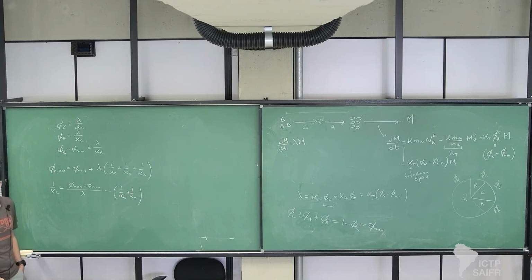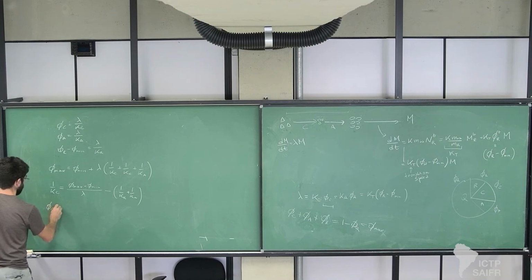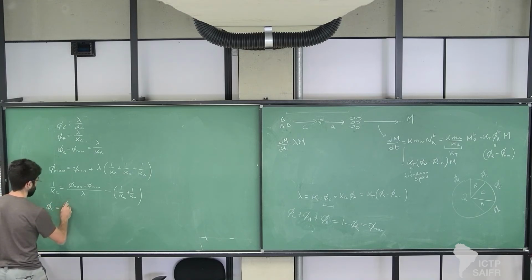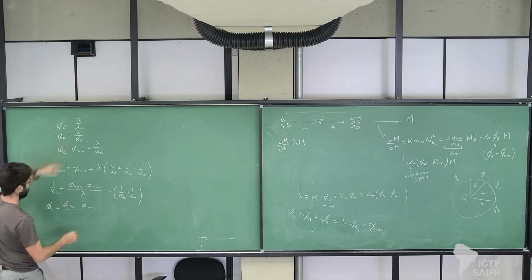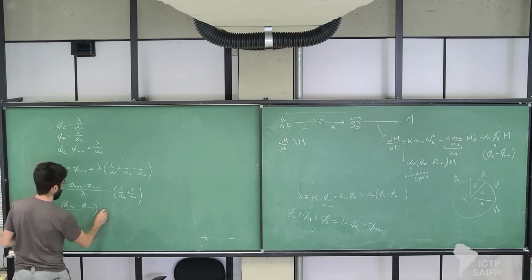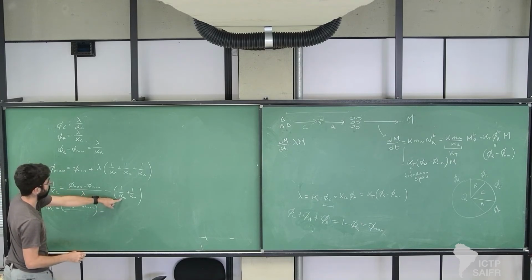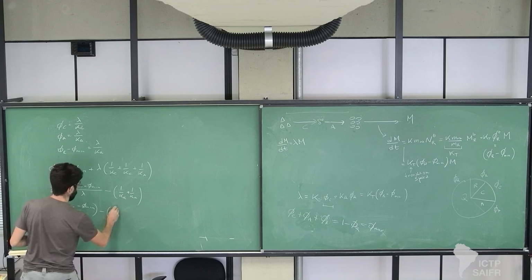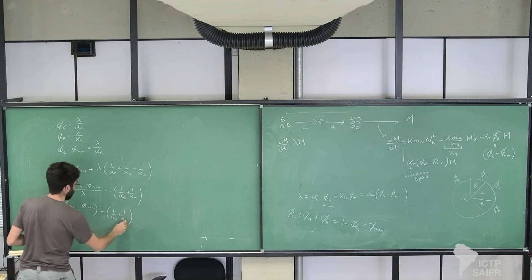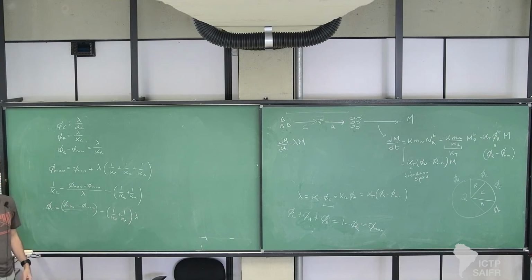And then I can substitute this 1 over Kc over there. So for instance, I get that phi C is equal to phi max minus phi min over lambda times lambda, so it's this, minus 1 over Kr plus 1 over Ka times lambda.